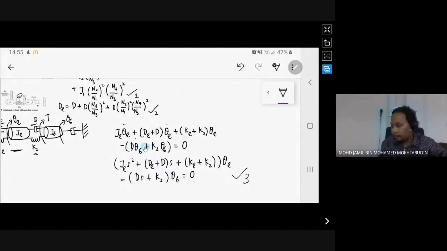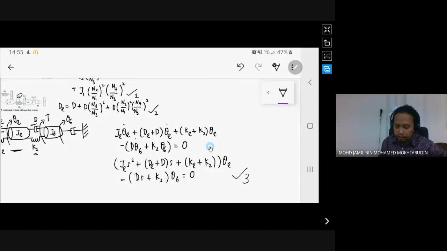So minus 1 mark. Some of you put theta 6 here, theta E here. So if you switch around theta 6 and theta E, 0 marks, okay? Tak ada markah langsung. But let's say you get this wrong, but the bottom one is correct, for example, bagilah separuh, okay? Half, 1.5.